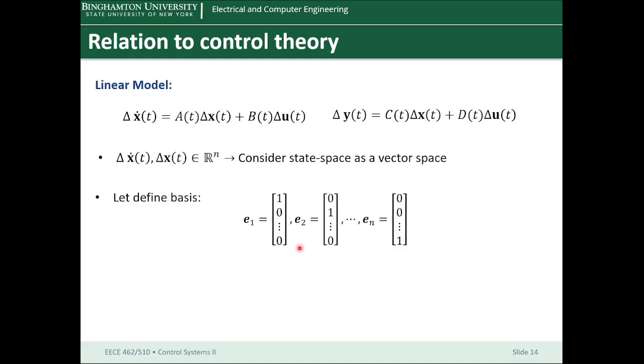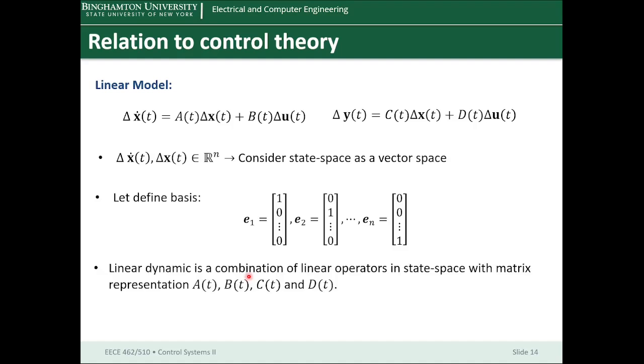Based on this physical knowledge, we write down the state space equation in the standard basis. Or as a control engineer, we don't always build this model ourselves. So the linear dynamics is a combination of linear operators in a state space with matrix representation A, B, C, and D. Now here is the key point.